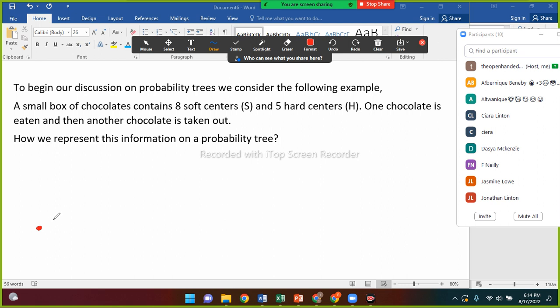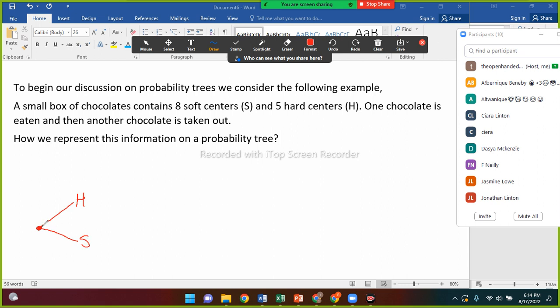The first thing is that we can get a chocolate that has a hard center. The second outcome is that we can select a chocolate with a soft center. So pay close attention to this one.